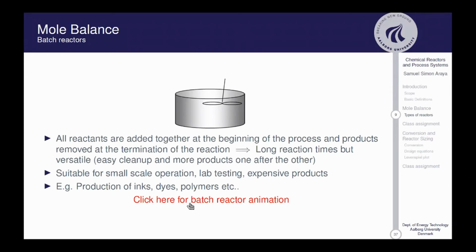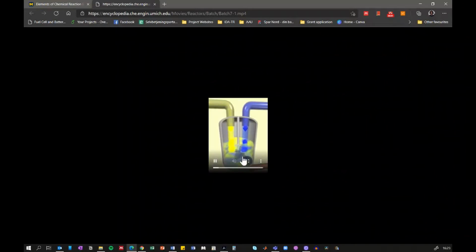To just illustrate how things look, I can show you here. If we click here, we have this. So we put the reactants, and you can see the color changing, and then they are removed.